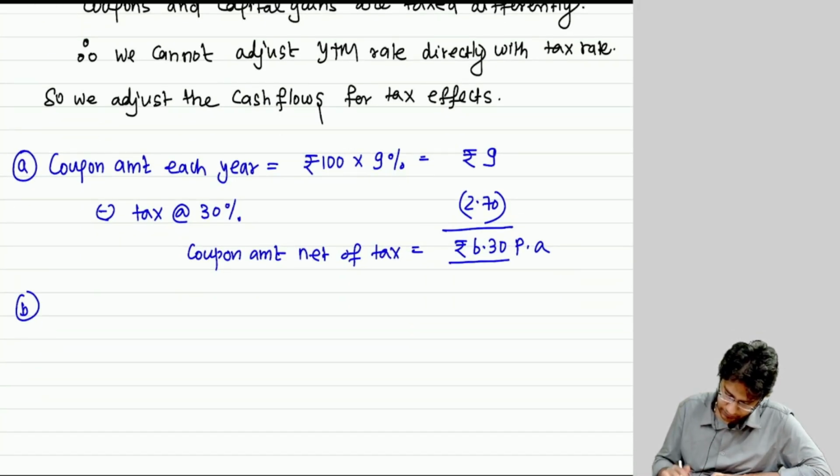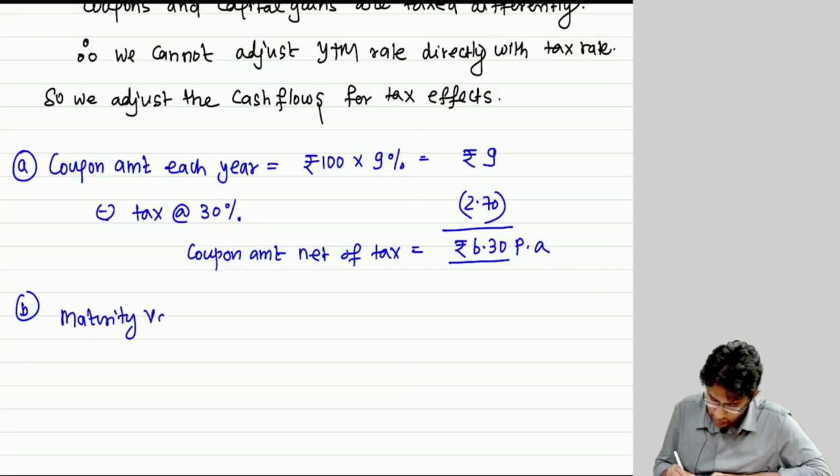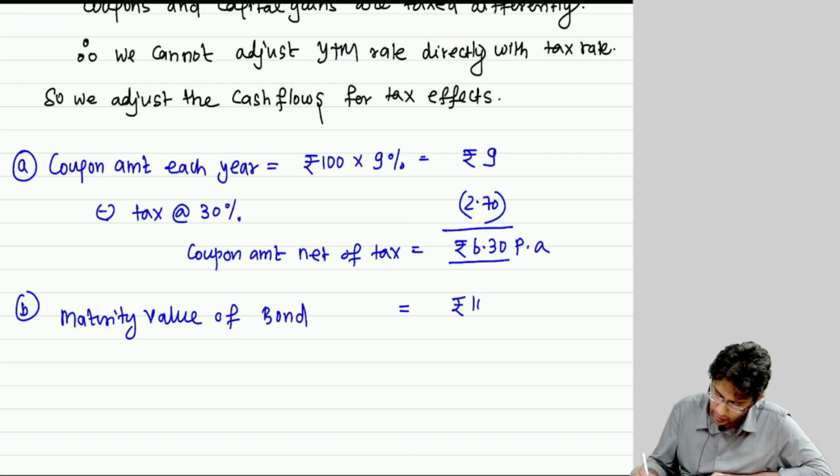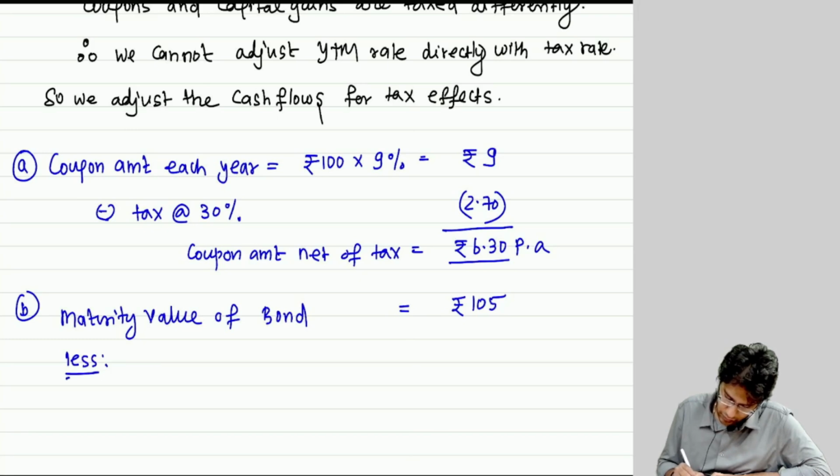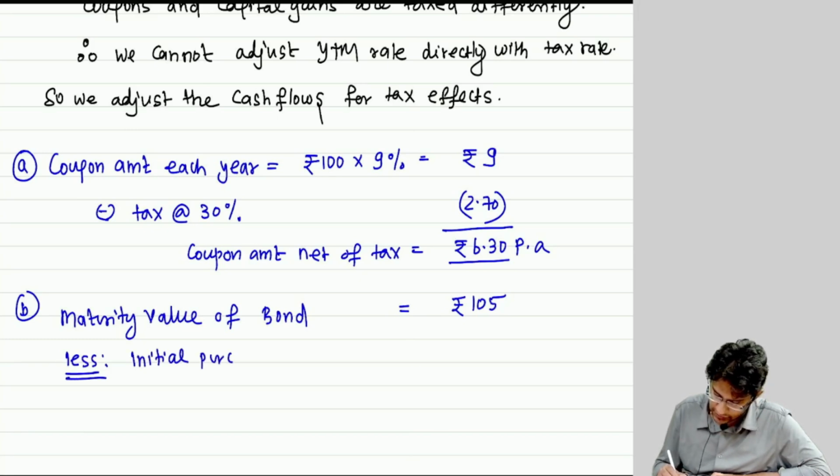Next, what is the maturity value of the bond? Towards the end, they will redeem the bond at 105, less the initial purchase price, which is 90.